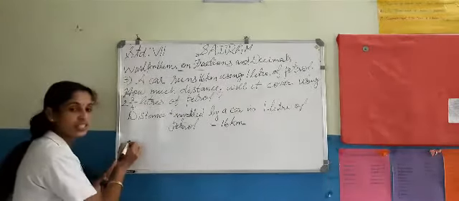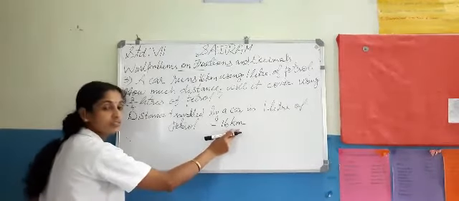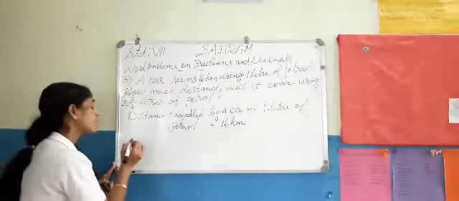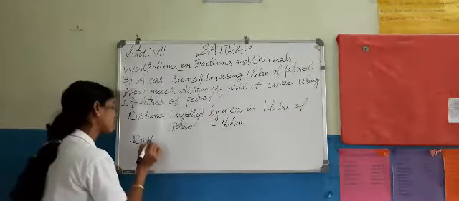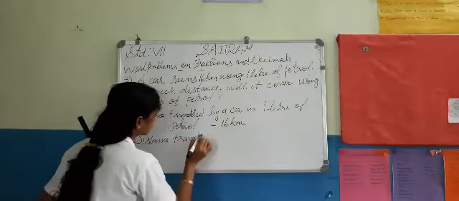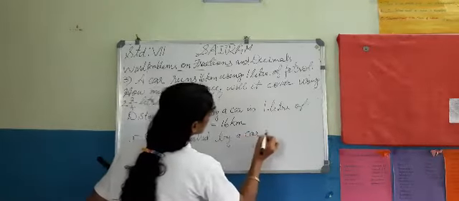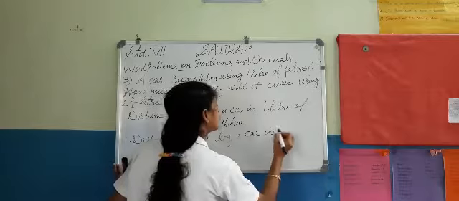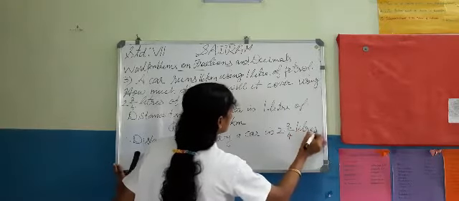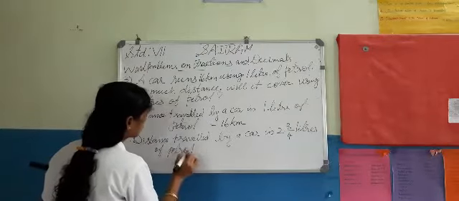Next, what do we want to find here? In 1 liter of petrol, the car travelled 16 kilometers, and we want to find the distance travelled by the car in 3 by 4 liters of petrol.